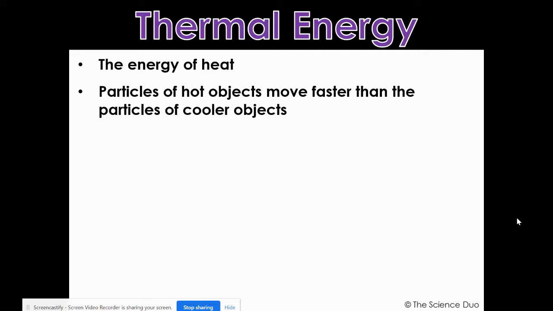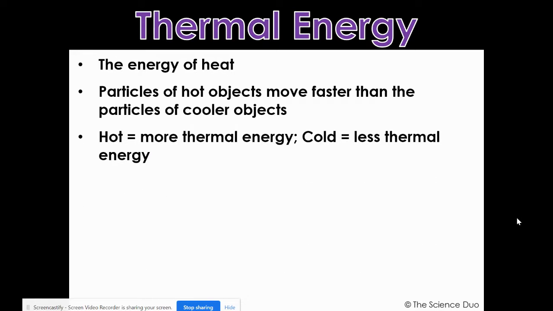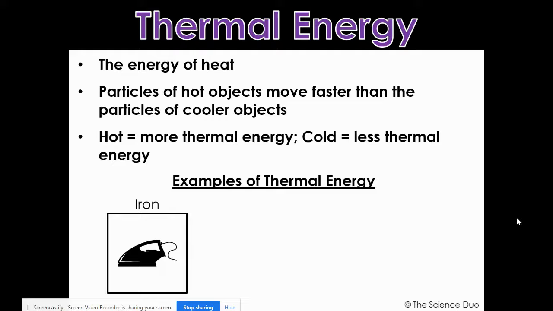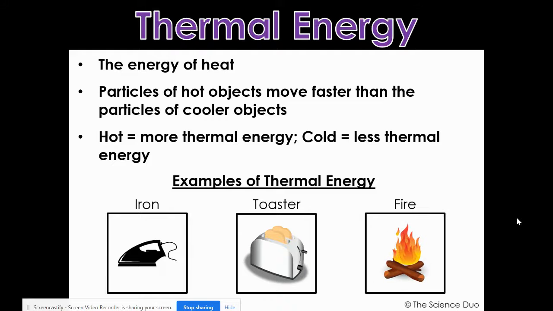And if we keep adding heat to it, eventually the molecules are going to move so fast that they're going to start evaporating into the air. So the more thermal energy something has, the hotter it is, and the less thermal energy, the colder it is. So an iron, a toaster, and a fire are all forms of thermal energy.